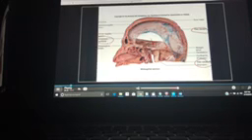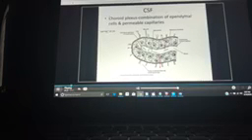Now, as far as CSF, cerebrospinal fluid, you have areas within the brain, especially within the ventricles, areas known as the choroid plexus. Basically, a choroid plexus is pretty much a combination of ependymal cells. You guys recall what those are?